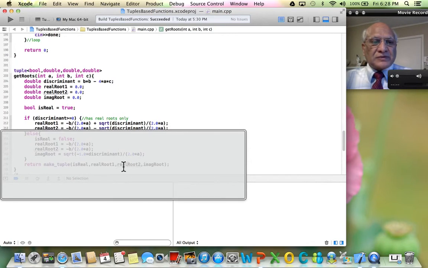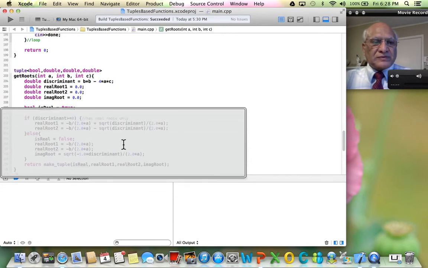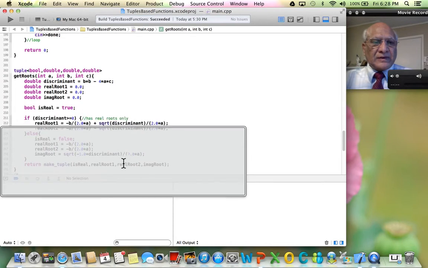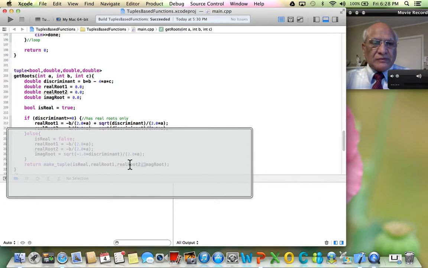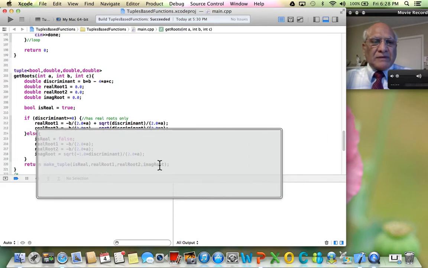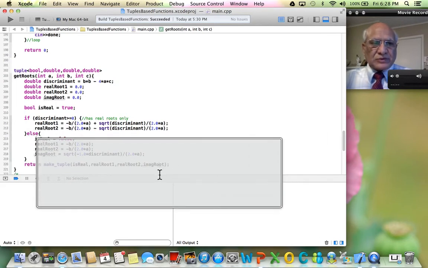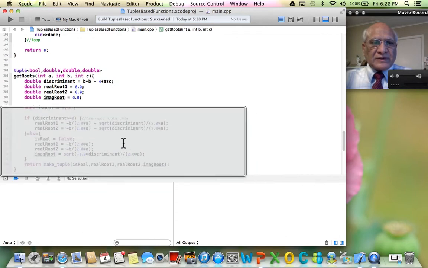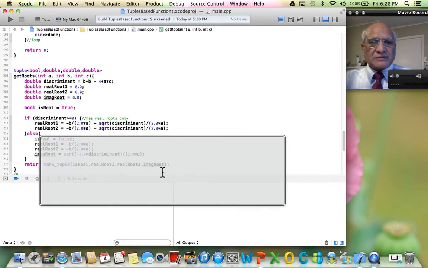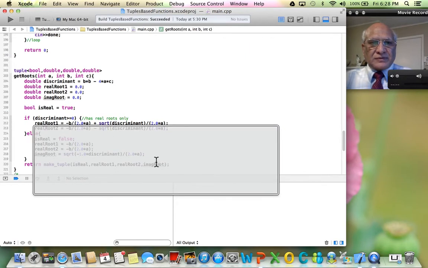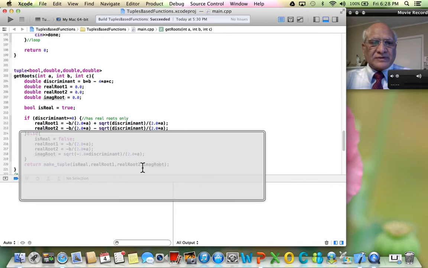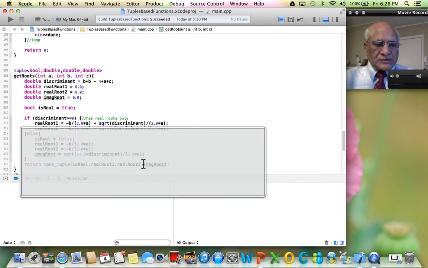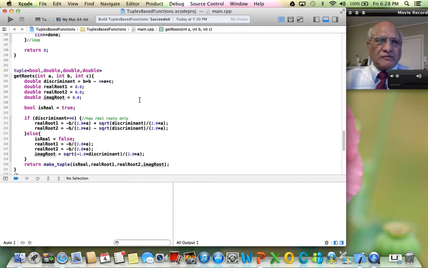And when we have imaginary root, then this will be false, which was set right there, and real root 1 and real root 2 will be same value, and imaginary root will be same also, except in one case the minus will be used and other case plus will be used. Okay, so that's the whole thing, and then my make tuple function returns the tuple. Okay, so this is the case for function.